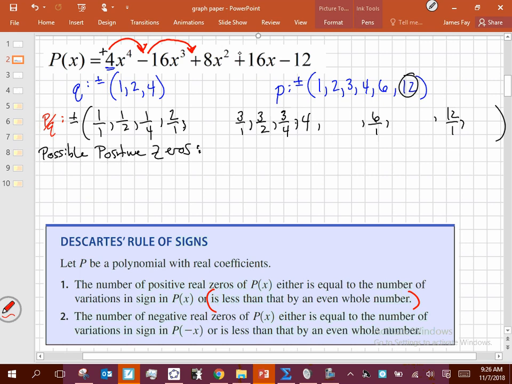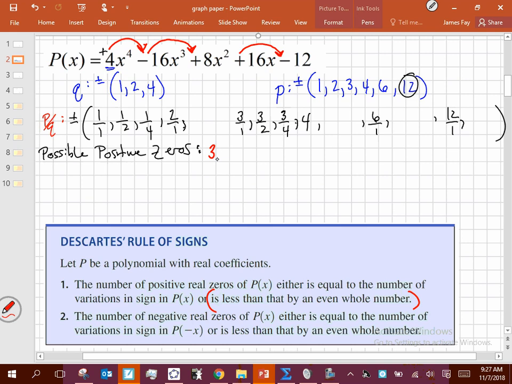Nope. What is positive to negative here? Is that a sign change? So I have 3 sign changes. What this says is that with 3 sign changes, you have 3 possible positive zeros, or that reduced by an even whole number.